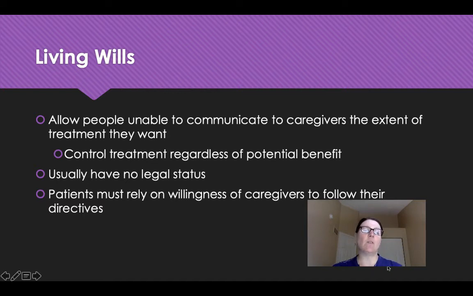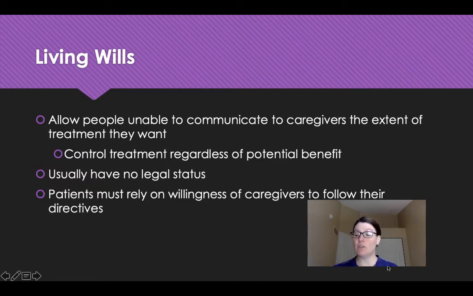There is a document known as a living will. What a living will does is that it communicates to caregivers. So for example, I could do a living will and it could tell my son that this is what I want with regard to CPR, with regard to artificial hydration, nutrition, etc. And it'll give some really good and helpful information.